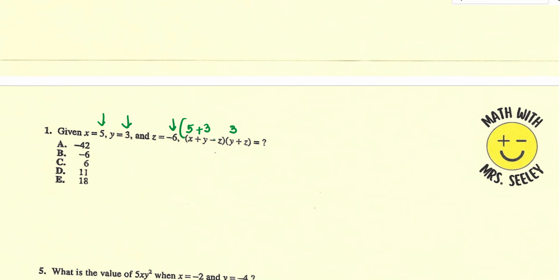And watch out because it's minus a -6. So minus a -6, and then you're going to have plus -6. You're going to put that in your calculator or do that quickly in your mind, and you're going to get A, which is -42. I do want to caution you to be very careful about this minus a negative.